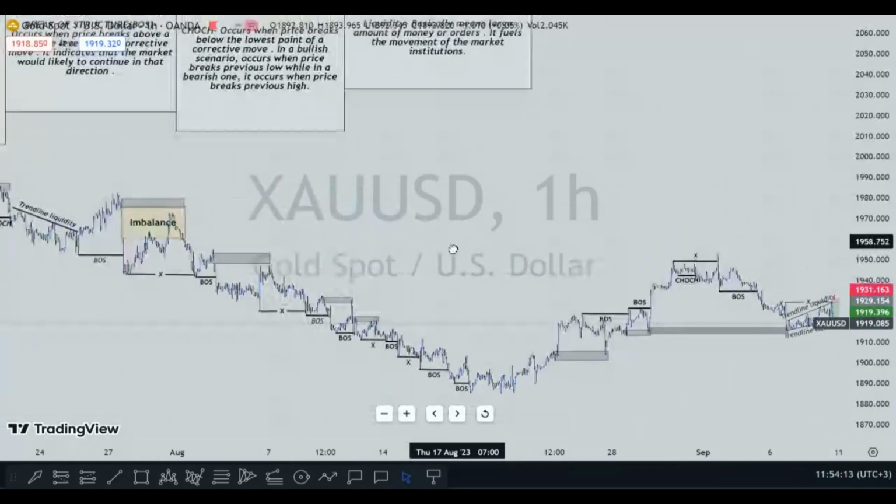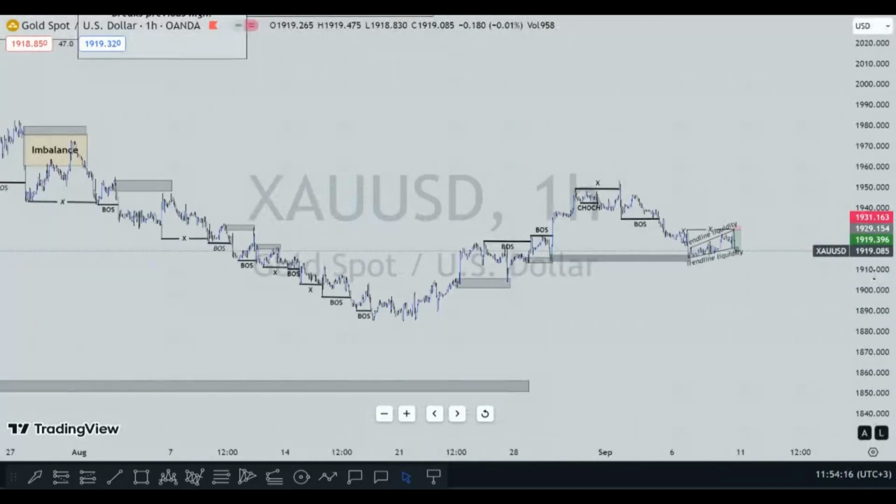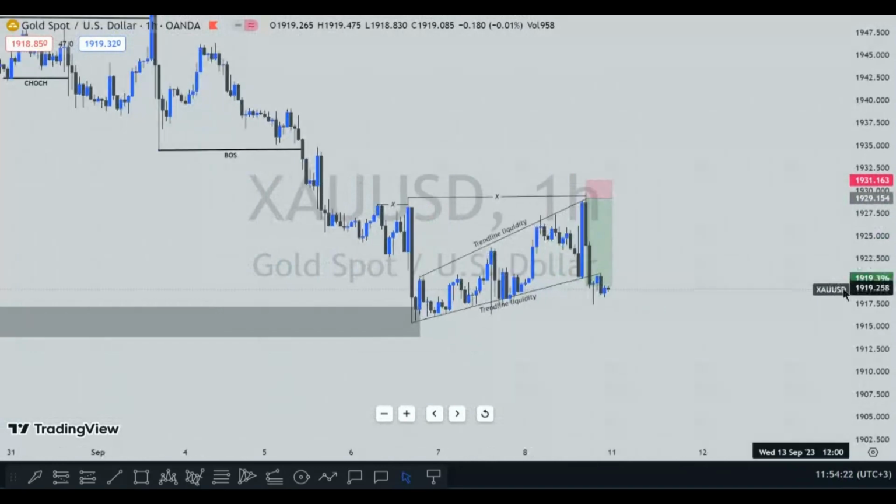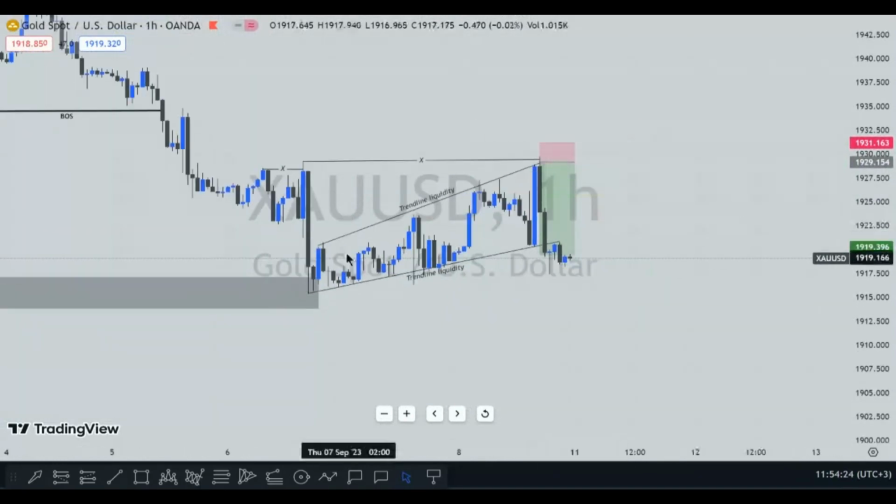Now let's go to the chart. I want to show you some examples of liquidity. Now, as you can see, this one is a rising wedge. I think, yeah, it's a rising wedge. So, as an SMC trader, I will look at this as trend and liquidities. As you can see, price came, took out this high, this candle took out this high.